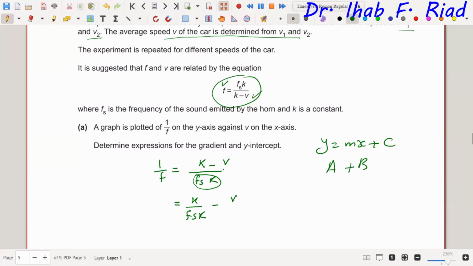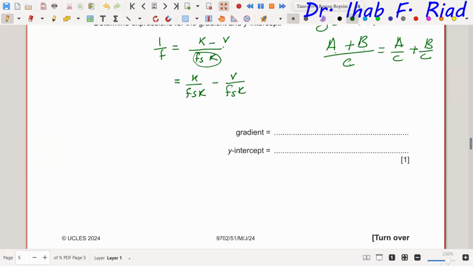It goes to the A and goes to the B. Right? We further simplify. Then we have 1 over F is equal to minus V divided by Fs K plus K over Fs K, the K goes away, 1 over Fs. Okay?